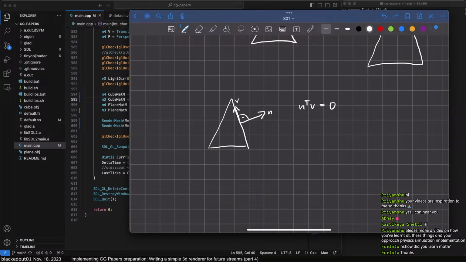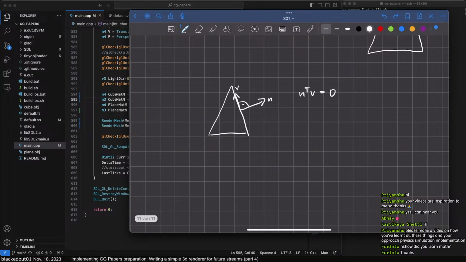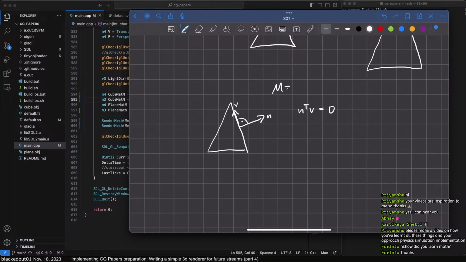And now we can think about what should happen if we transform this triangle. So let's say the triangle is transformed with a matrix that is M. So M could, for example, just be the scale in y direction.